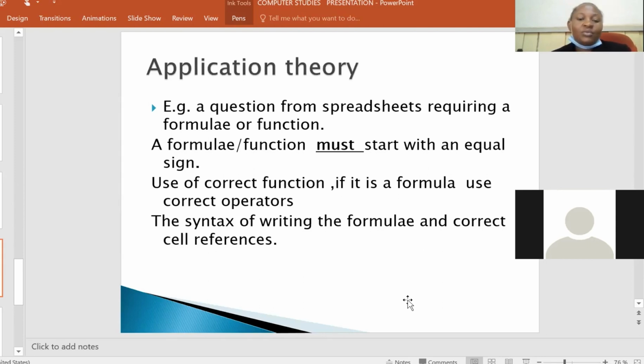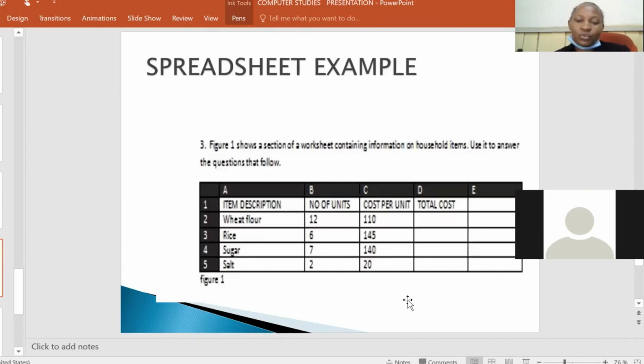For you to be able to score the right answer, the syntax of writing the formula is of great importance. And the use of correct cell references is also of great importance. So generally, if you have done that, you'll be able to score a correct answer.